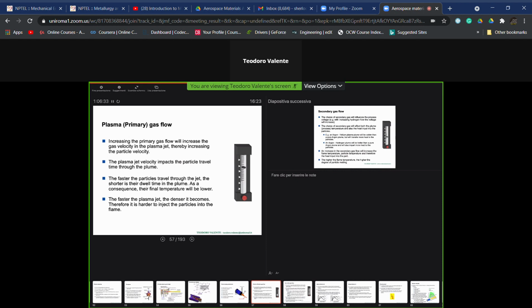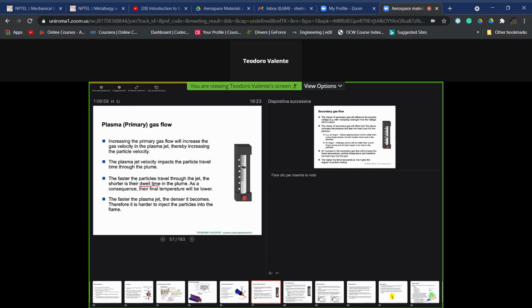The faster the particles travel through the jet, the shorter is the residence time, what is called here dwell time. That's the residence time inside the region in which they see thermokinetic exchanges.